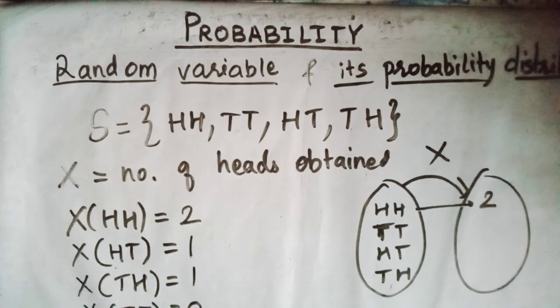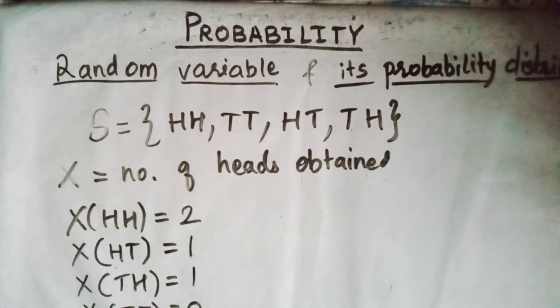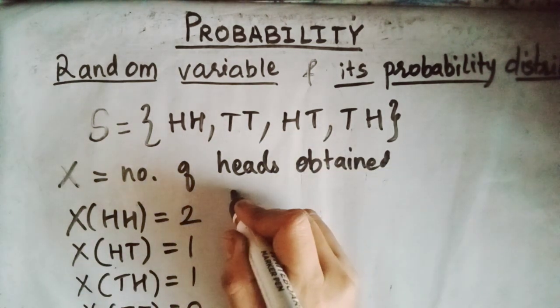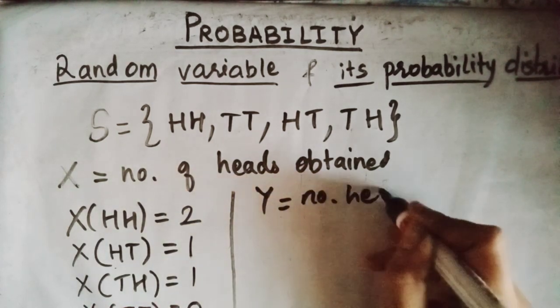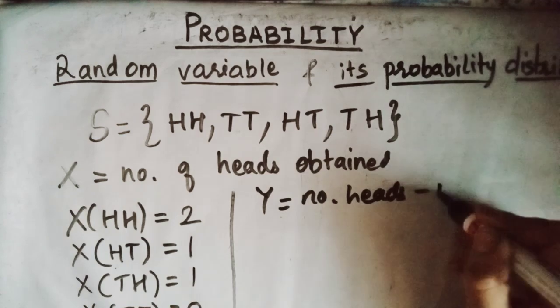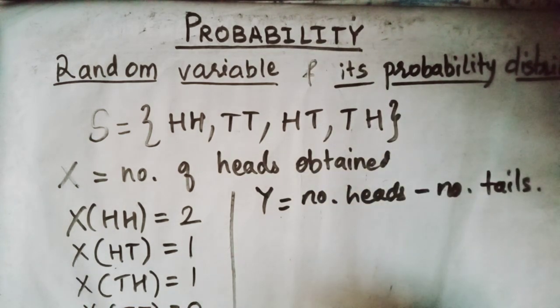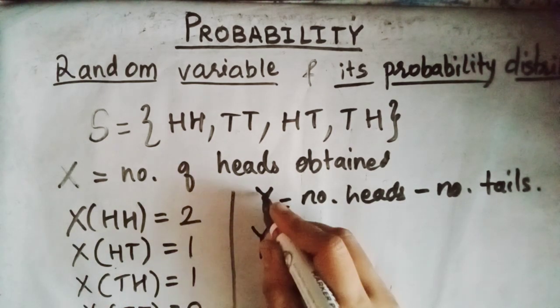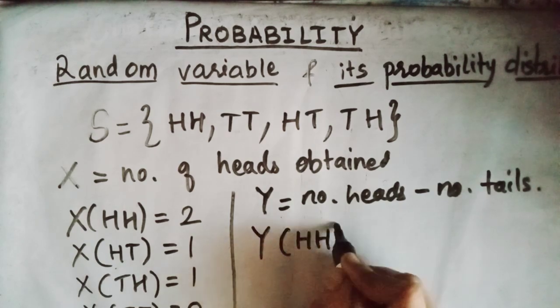So now you know what is a random variable. A second example we can take, that is Y denotes the number of heads minus the number of tails. Now our random variable is Y. So Y of HH will be what?